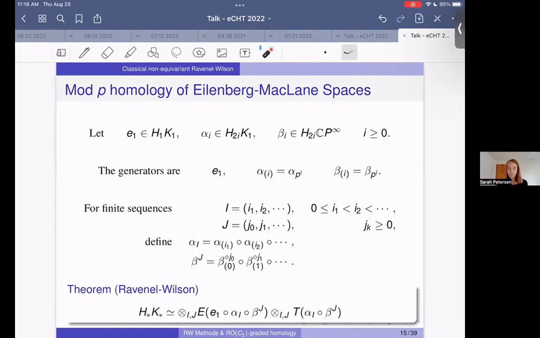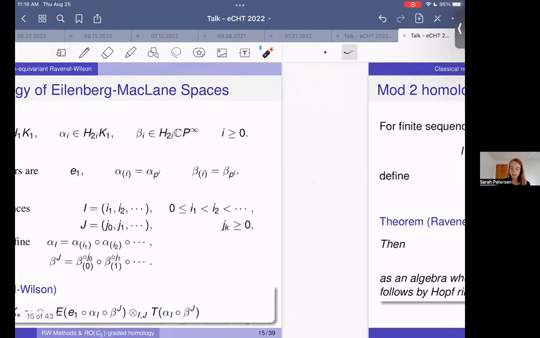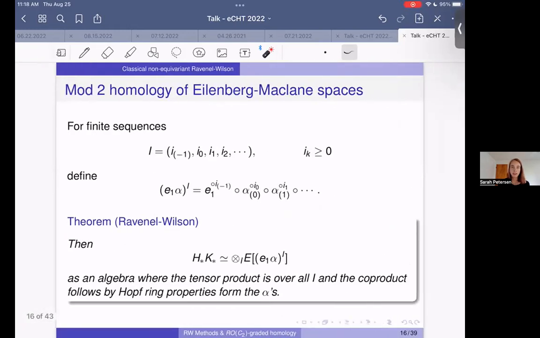At the prime 2, this can be written exclusively using circle products of elements in the homology of RP infinity. So this can be written in terms of just the E1s and the alpha i's. And this is something we'll see mirrored in the equivariant case.